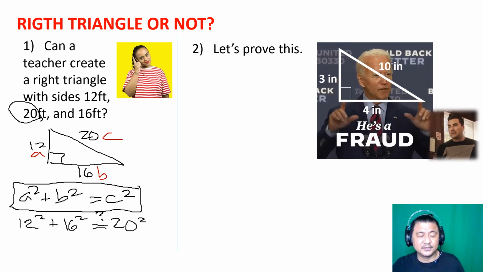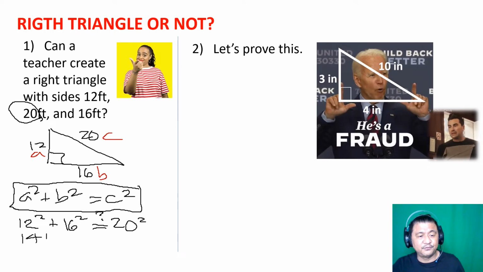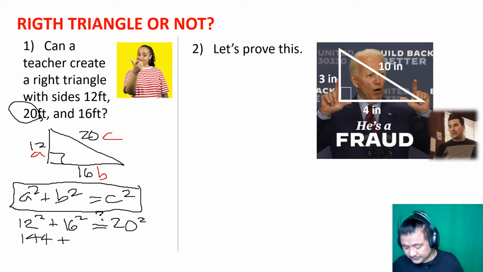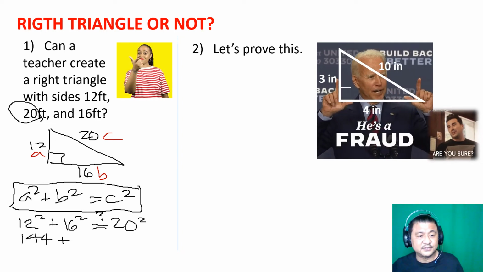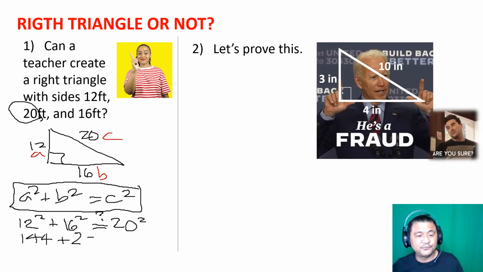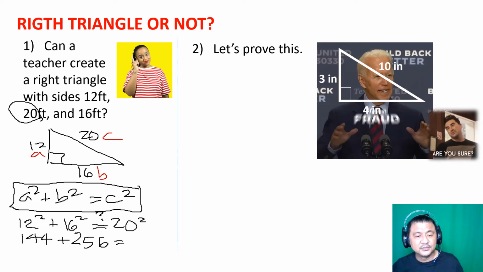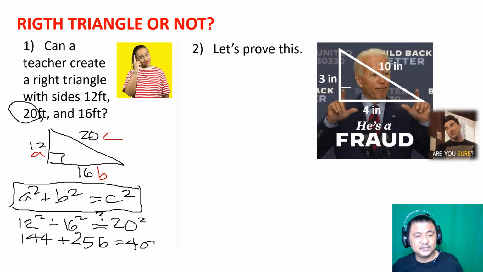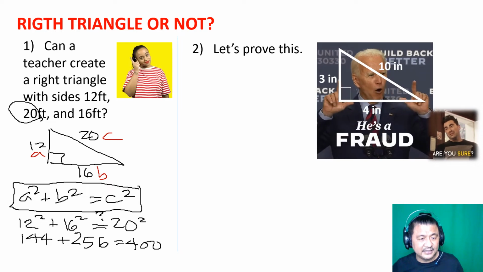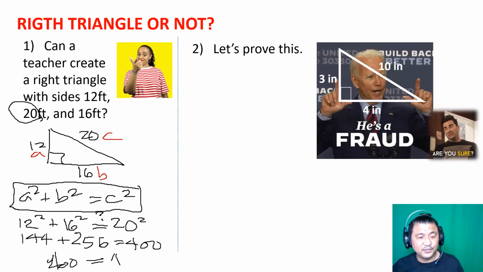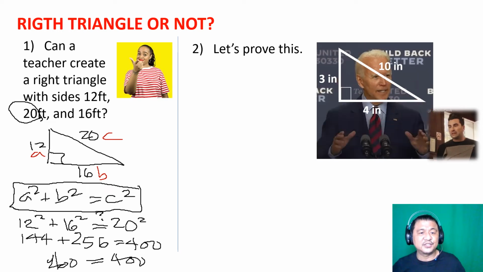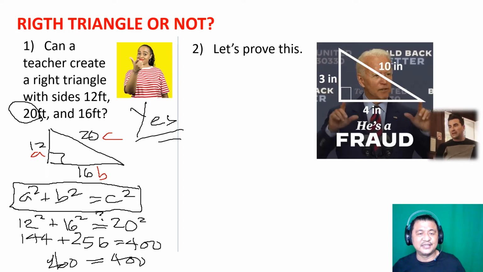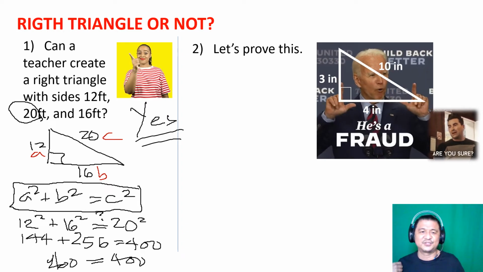Question mark. 12 times 12 is 144. 16 times 16 is 256. 20 times 20 is 400. Guess what? If you add the left side, 400 is equal to 400. So true. You could say, can a teacher? Yes, the teacher can write that. It's a real right triangle.